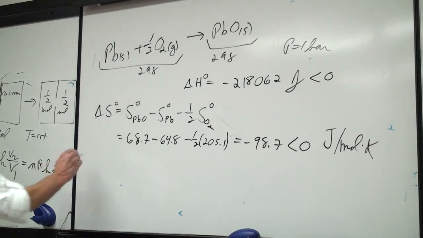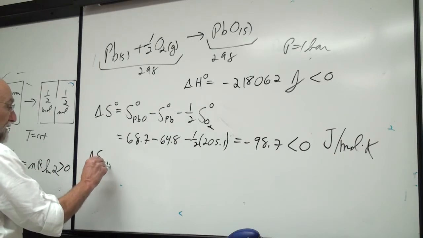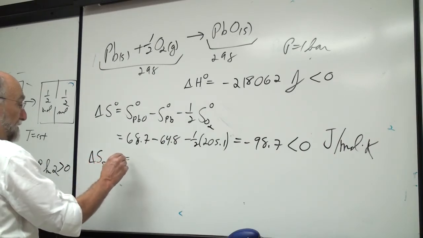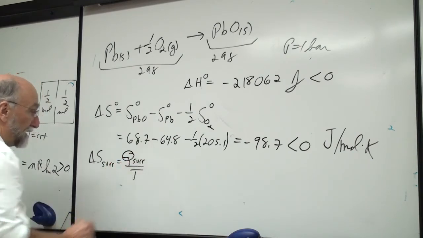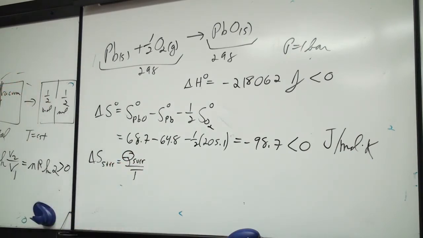So, what is delta S of the surroundings? Delta S of the surroundings is Q of the surroundings divided by T, because again, the surroundings is, I think maybe I didn't answer your question there earlier. The surroundings is this heat sink. All the surroundings sees is a transfer of heat at constant temperature, which is always a reversible process.